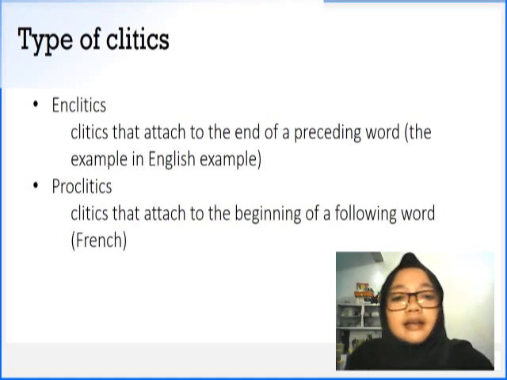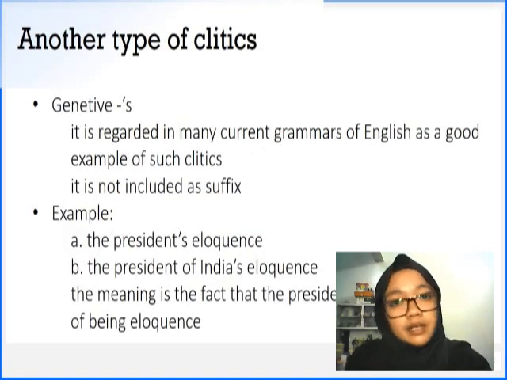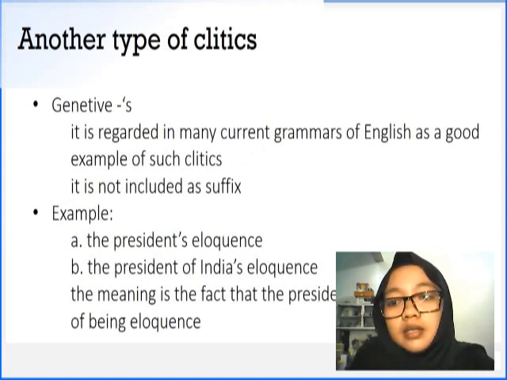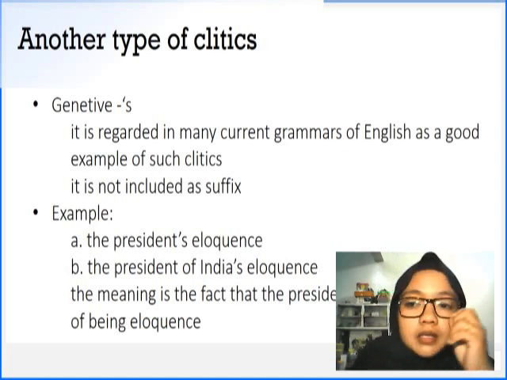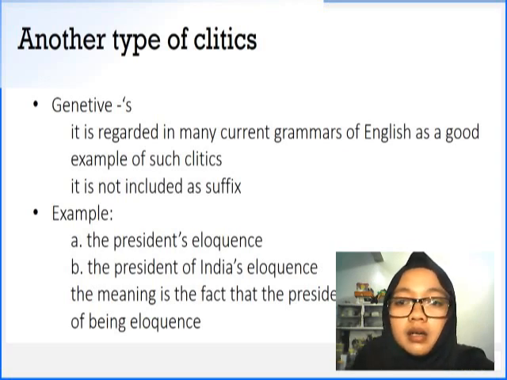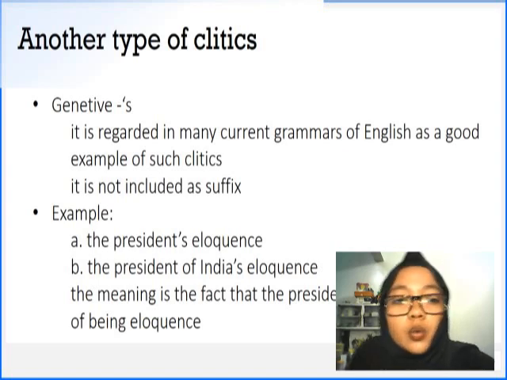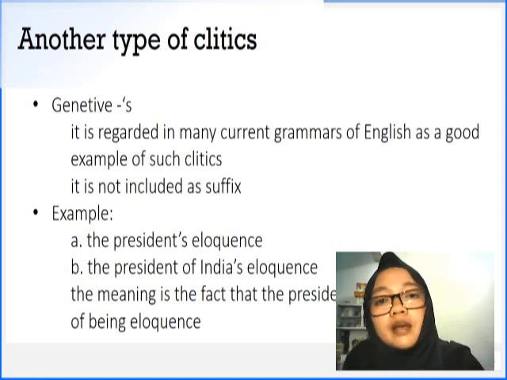And then another type of clitic, we have genitive s. What is genitive s? Possessive. It is regarded in many current grammars of English as a good example of such a clitic. It is not included as a suffix. This is not a suffix, but it is genitive s, like the president's eloquence, which means that the president has the property of being eloquent.